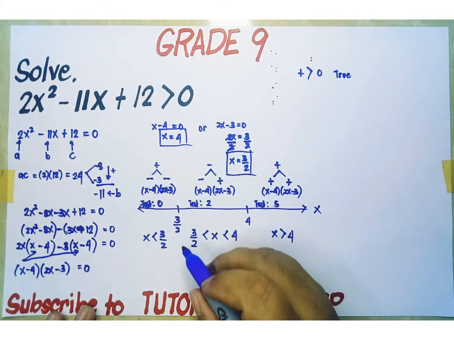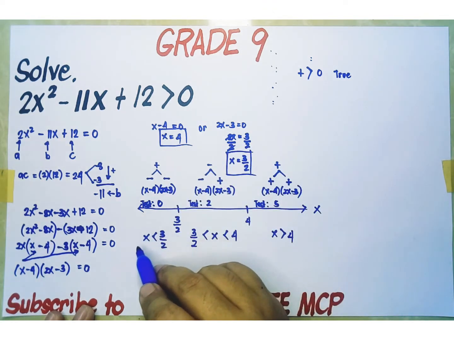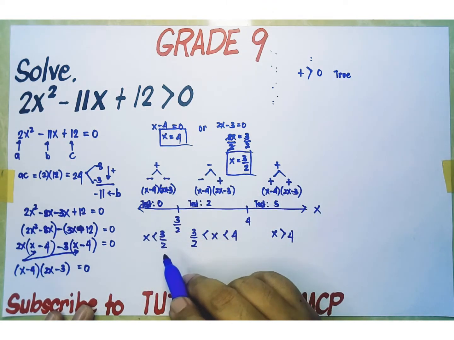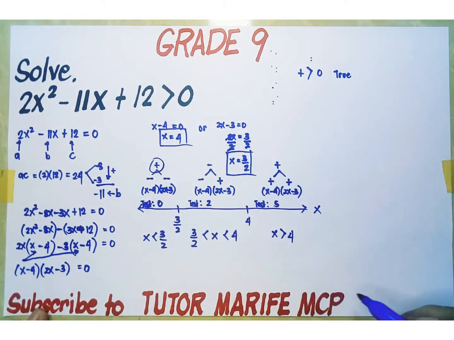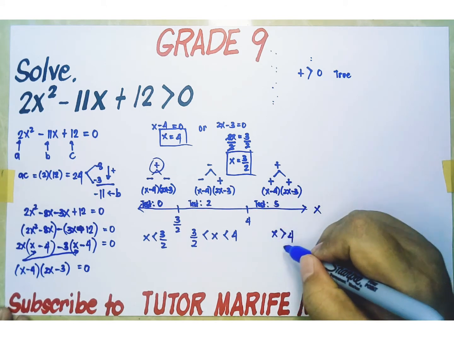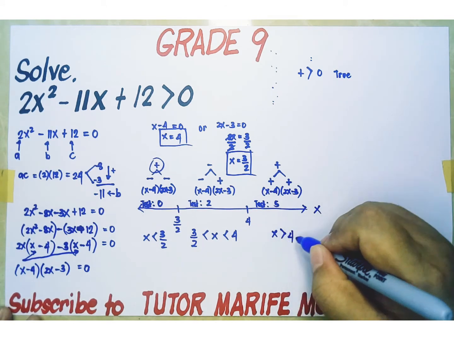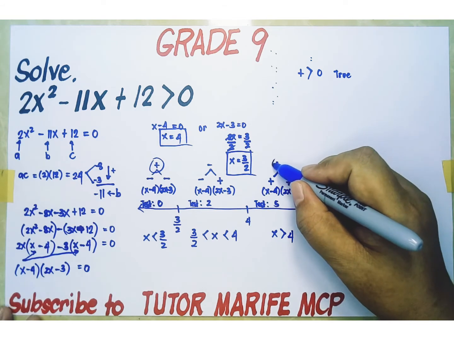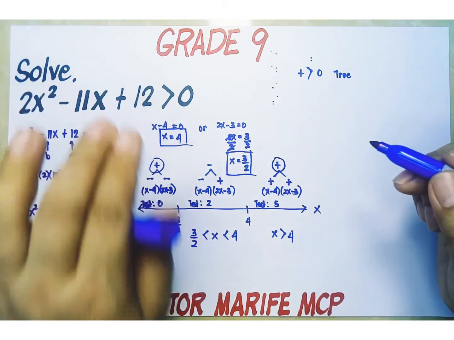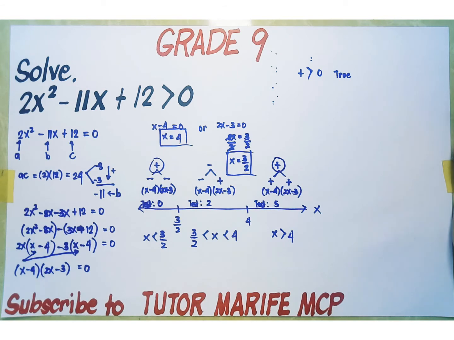In the first interval, numbers that are less than 3 halves will always give you a positive result for the left side. In the third interval, all real numbers that are greater than 4 will always give you a positive result on the left side of the inequality.